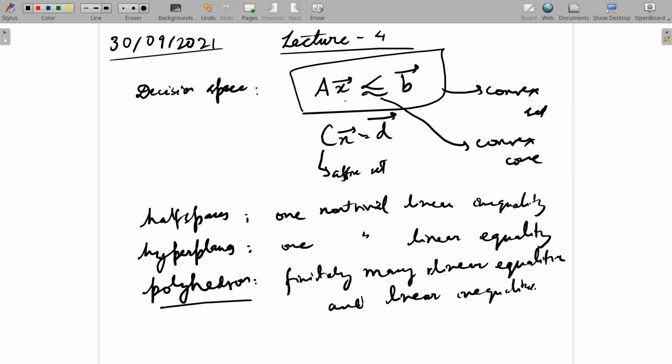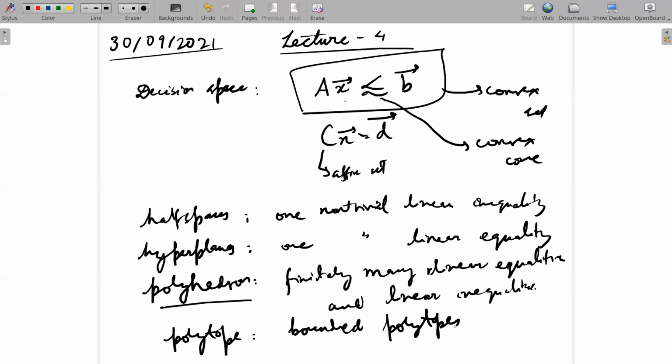In linear programming, our decision space is a polyhedron. A bounded polyhedron was called a polytope. For example, half spaces are polyhedral. Hyperplanes are also polyhedral, because finite also includes one equality. So half spaces and hyperplanes are examples of polyhedra, but they're not examples of polytopes because they're not bounded.